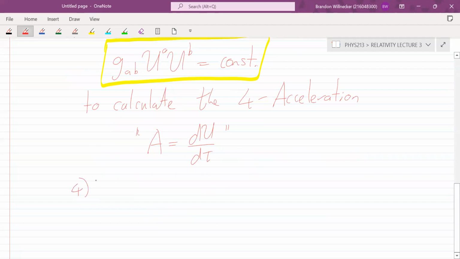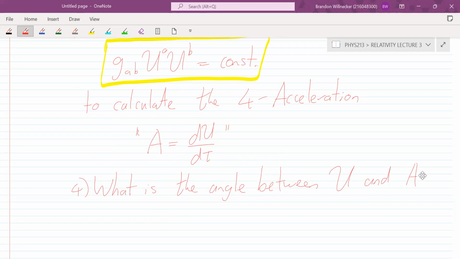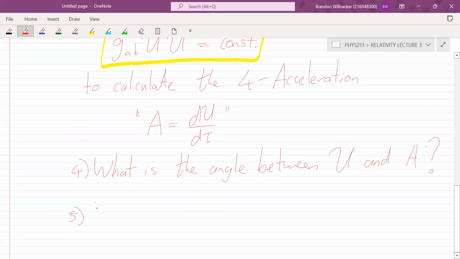Part 4. What is the angle between these 2 vectors? So the angle between U and A. So we've got a 4-vector U, a 4-vector A. What is the angle between them? And last question, question 5.